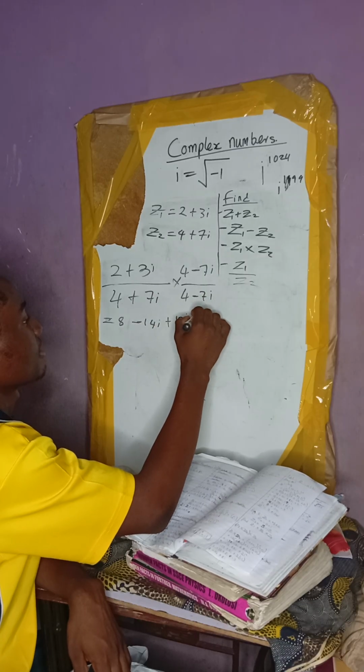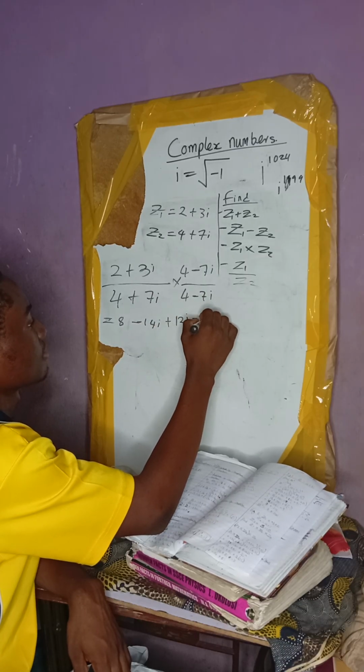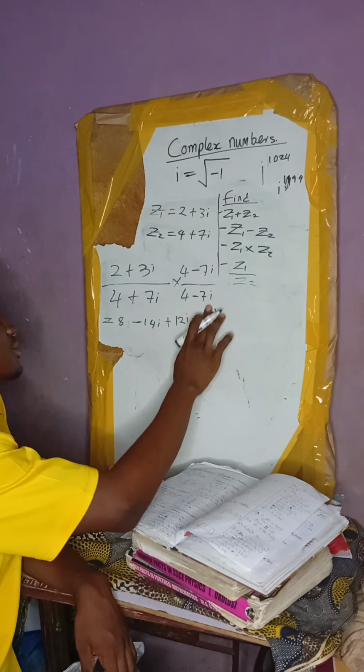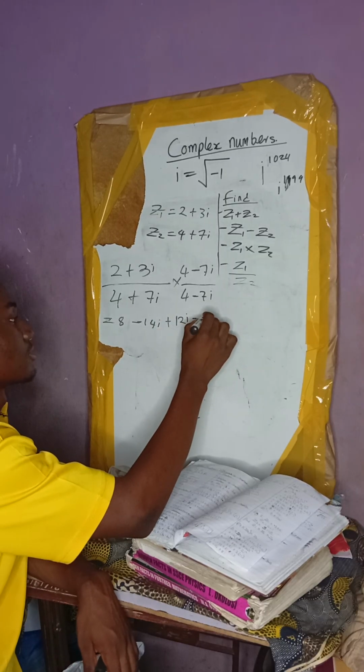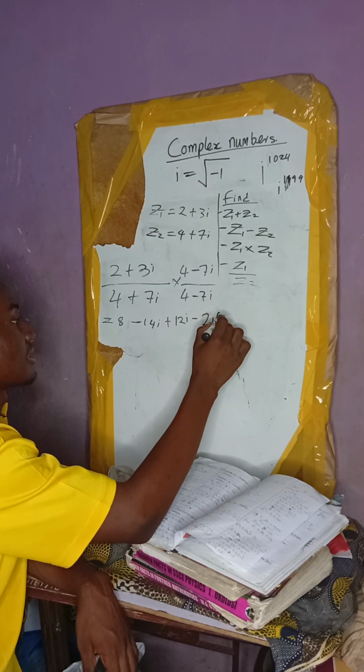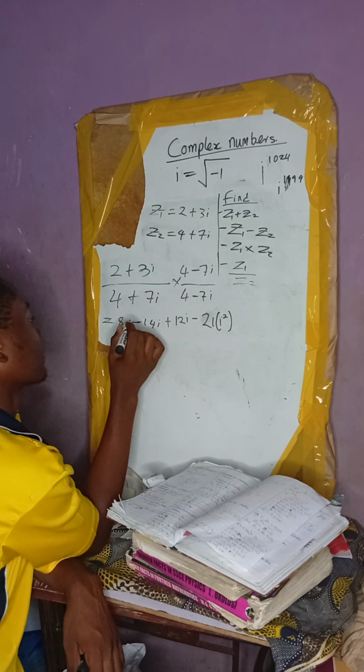And this times this is minus 21i squared. Put that inside a bracket so that it does not confuse you. Let me write it for yourself. 21i squared.